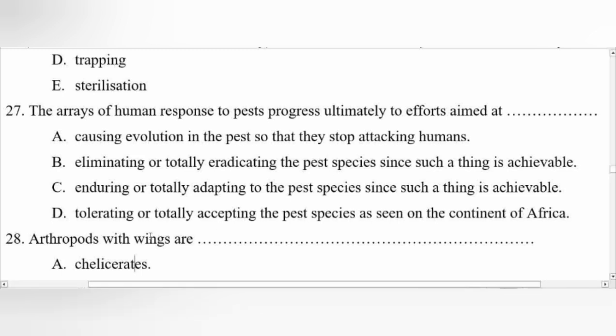Anyway, D: we don't really tolerate or accept the pest species in the continent of Africa. We are really combating pests in Africa, and we invite everybody to learn about pests and come on board. In your community, when we begin a malaria control program, or if we've already begun malaria control, I encourage you to participate fully so that we can eliminate malaria, and not only malaria control, but other vector control programs going on in your community.